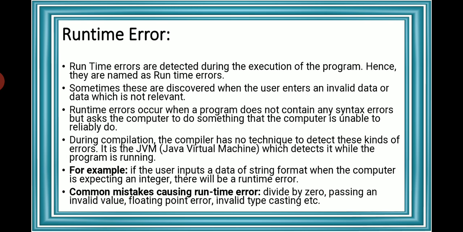Then you are passing some invalid value. Suppose a string was required and you pass an int or float, so it is an error. Floating point error means something related to decimal points. Invalid typecasting means, for example, assigning an int to a float, or assigning a string to a character. That type of error is a runtime error.